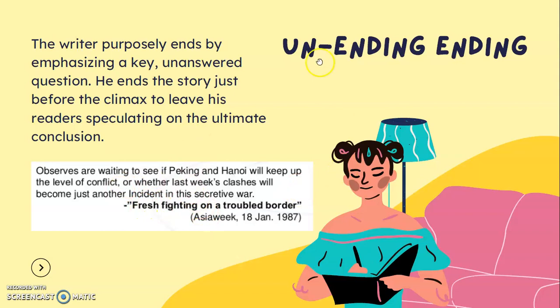Murag ingana ang thought sa unending ending. Again, unanswered question ang tirada sa ending sa imuhang imong feature article. You let your readers speculate unsa man gyud ang posibleng mahitabo.